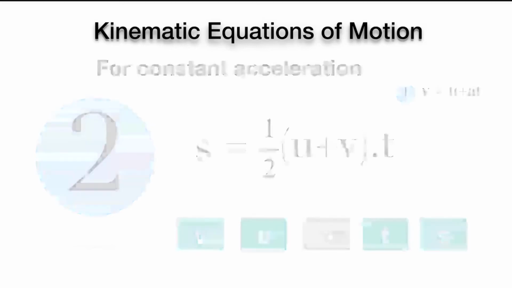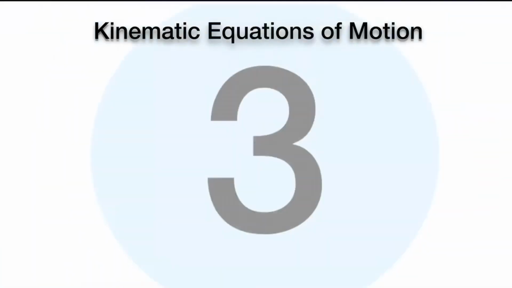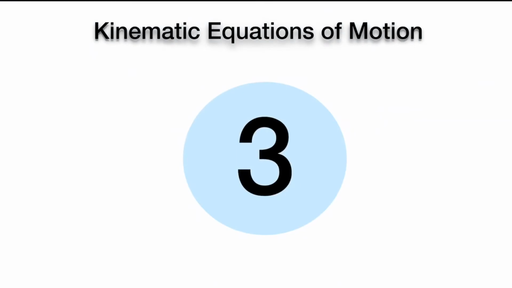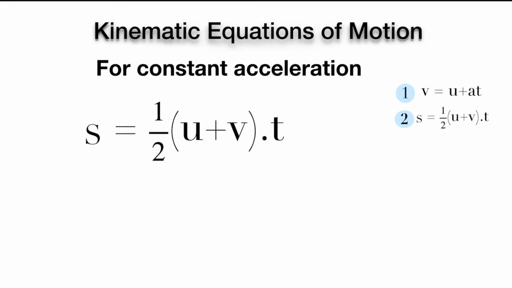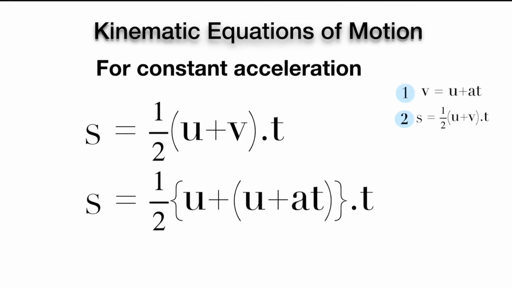Now let's move to equation number 3. Equations number 3 to 5 are derived using equations 1 and 2. Using equation number 2, we put the value of v from equation number 1. So if we put the value of v, we get this equation.